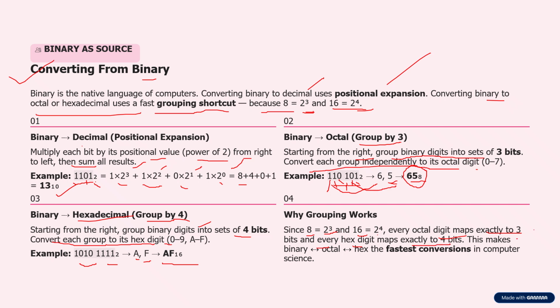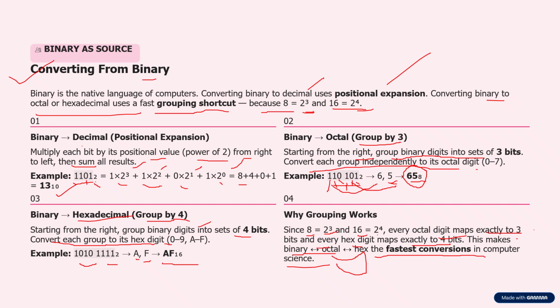This makes binary to octal, octal to binary, binary to hex, hex to binary, octal to hexadecimal, and hex to octal the fastest conversions in computer science. They fit together perfectly because of these powers of 2.